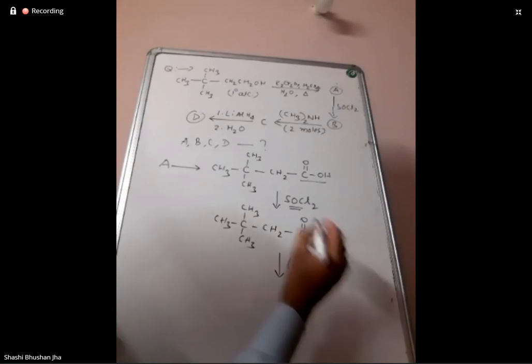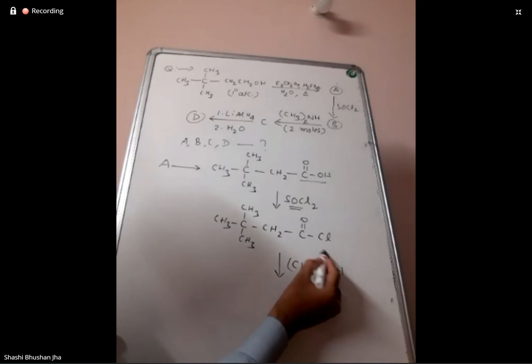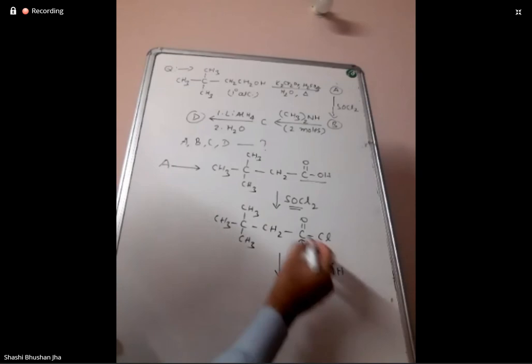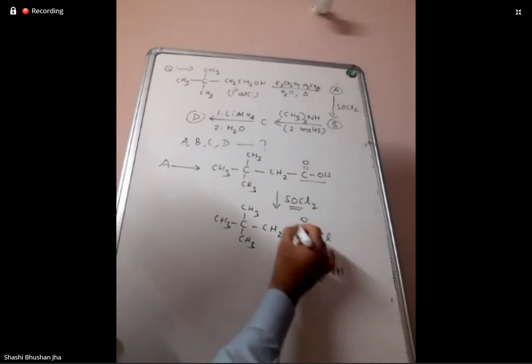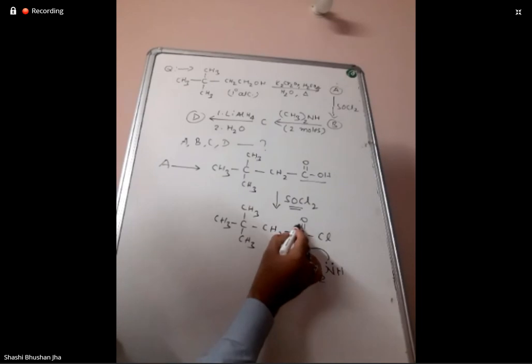nucleophilic acyl substitution reaction will take place. The mechanism of nucleophilic acyl substitution is known to you. I will write it directly. This will attack on this carbon. Pi bond will move to oxygen. Negative charge will come.